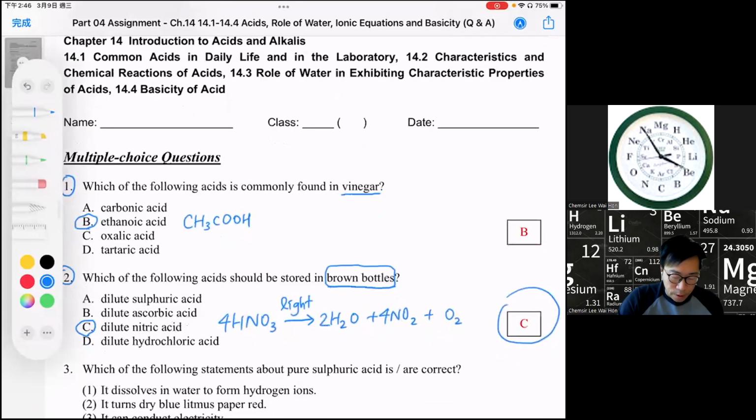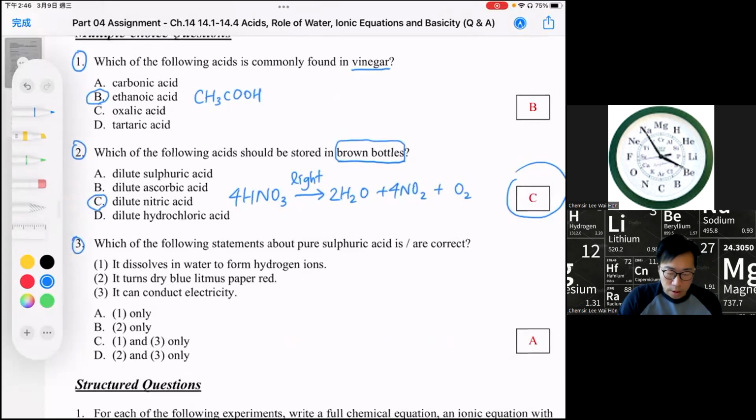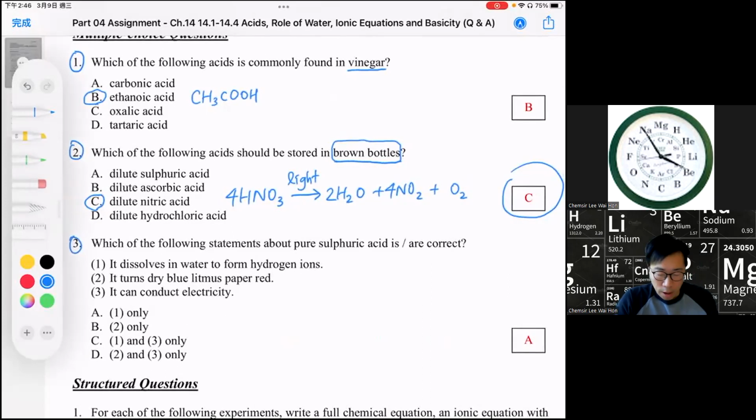And then question number 3. This question is tricky in the way that you should read carefully the question, the word pure. Pure sulfuric acid here, of course, means that there is no water.